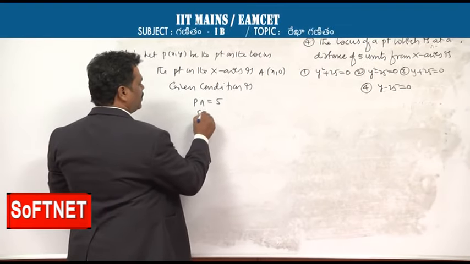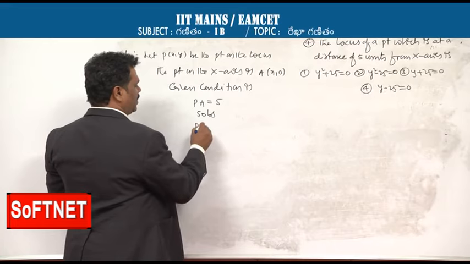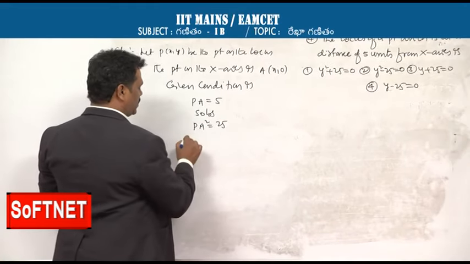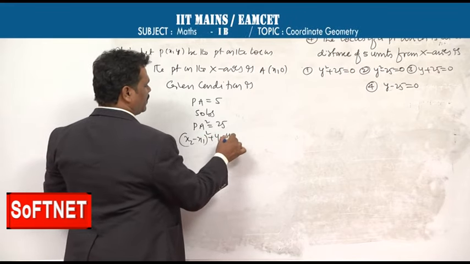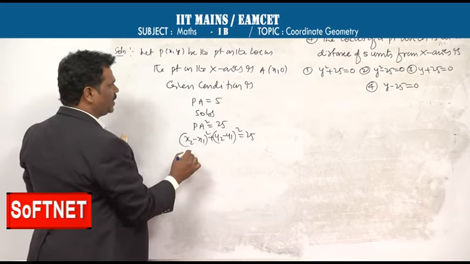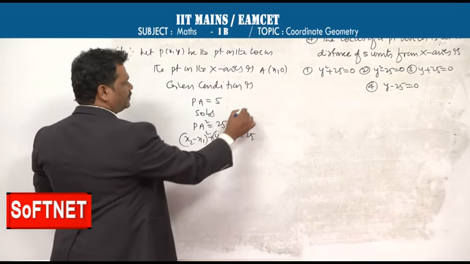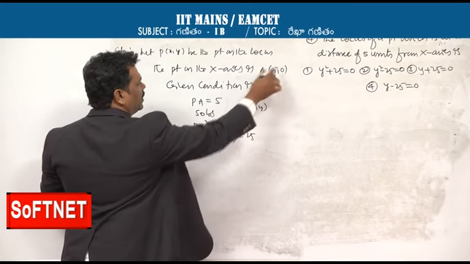So squaring on both sides, we get, the root is cancelled in the distance formula, PA square equal to 25. So here x2 minus x1 whole square plus y2 minus y1 whole square equal to 25. So here P is x comma y and A is x comma 0.